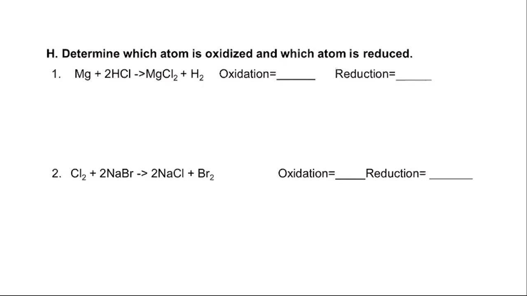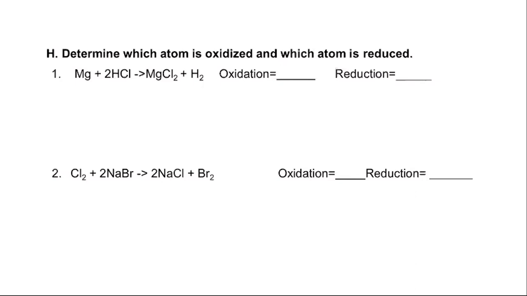So you can see that when we look at the product, magnesium took the place of hydrogen, and now hydrogen is by itself. So that's how we know that magnesium replaced hydrogen in the partnership that it had with hydrogen, and now it made a partnership with chlorine. And that's why we see it in the product, okay?